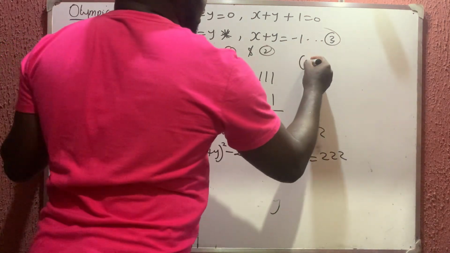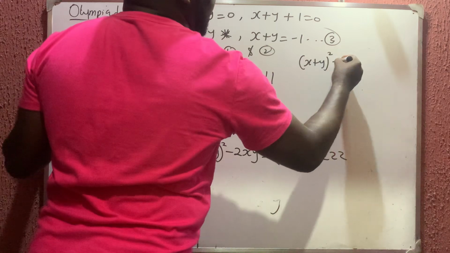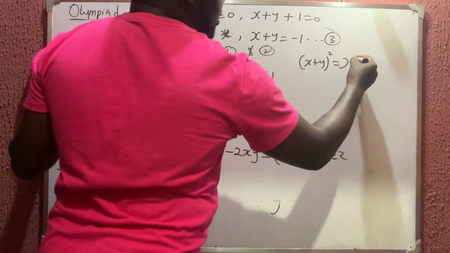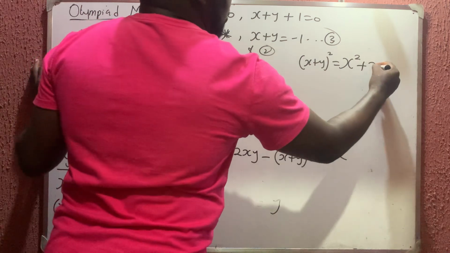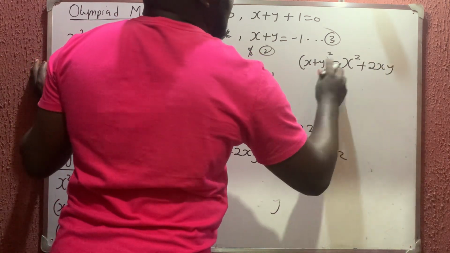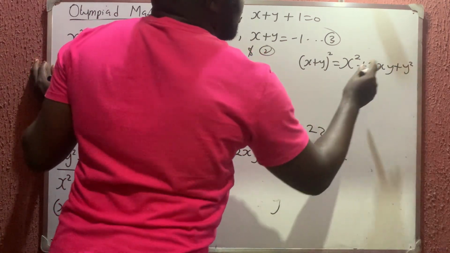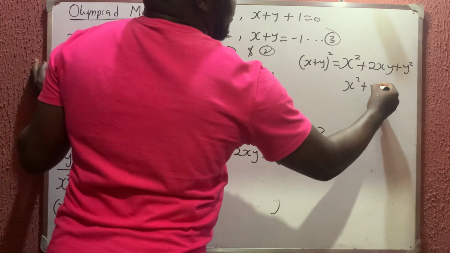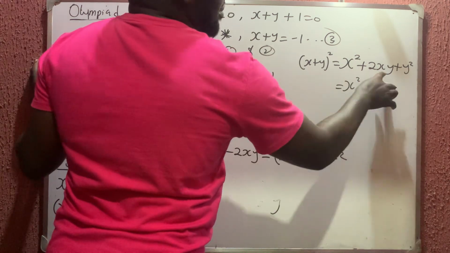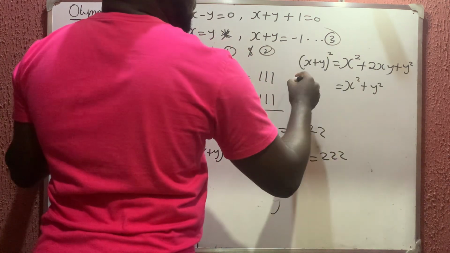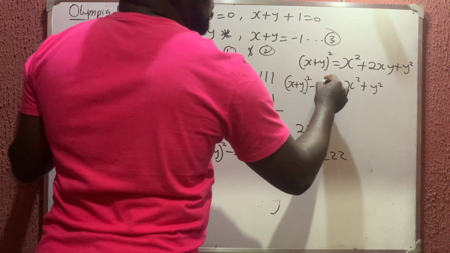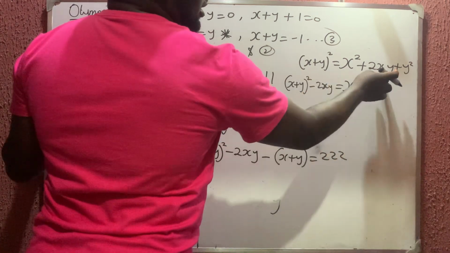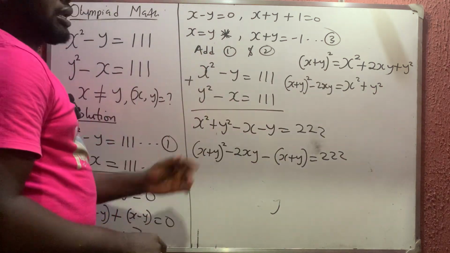If I have x plus y all squared, I square the first one, which is x squared, multiply the first and the second and double it to get 2xy, and square the last one to get y squared. So if I want x squared plus y squared to stay alone, that 2xy will come here to meet the others. So x plus y all squared minus 2xy is the same thing, and that's how I got that.